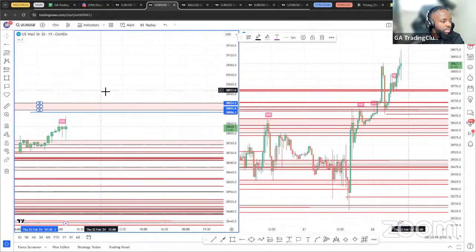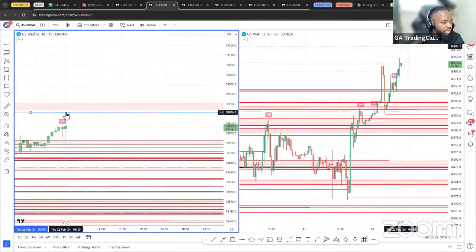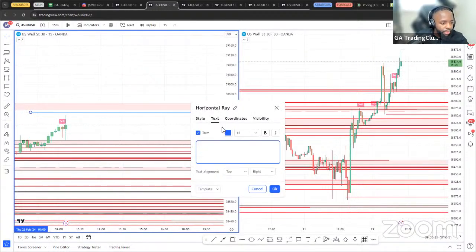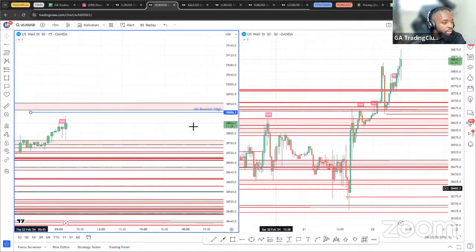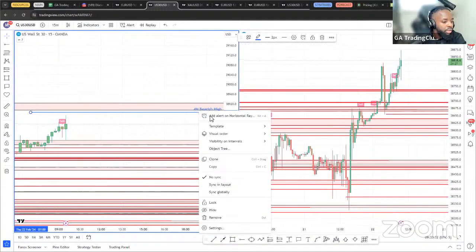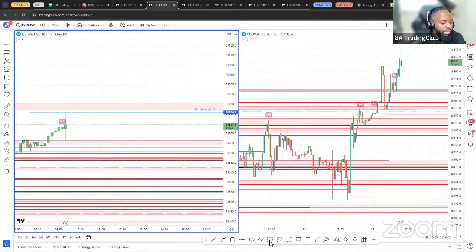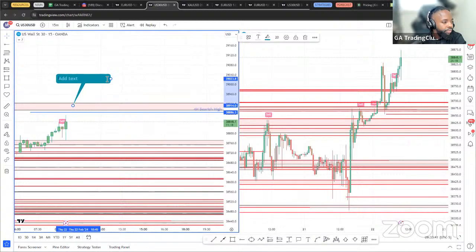We mark this as 4-hour bearish high. Then this right here is a strong supply zone.